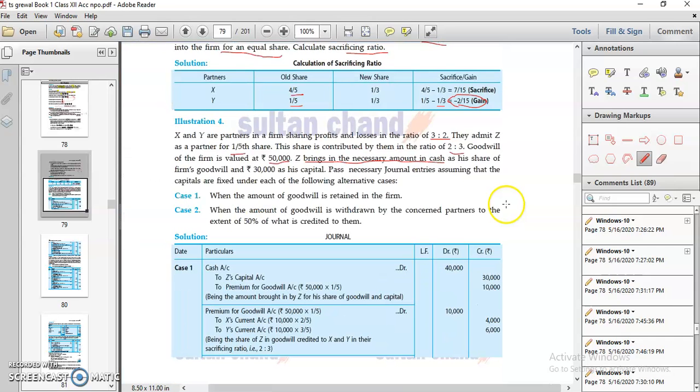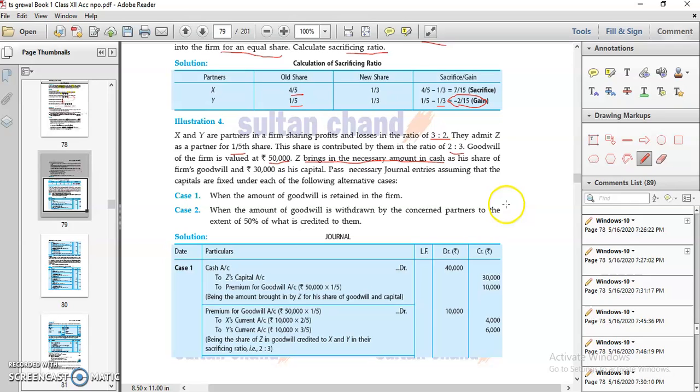Let's see. So Z brings 30,000 and his share of goodwill. The entry comes cash to premium for goodwill, with 30,000 his capital and his share of goodwill in cash. 50,000 is total goodwill. So his share becomes 50,000 multiplied by 1/5, which is 10,000.